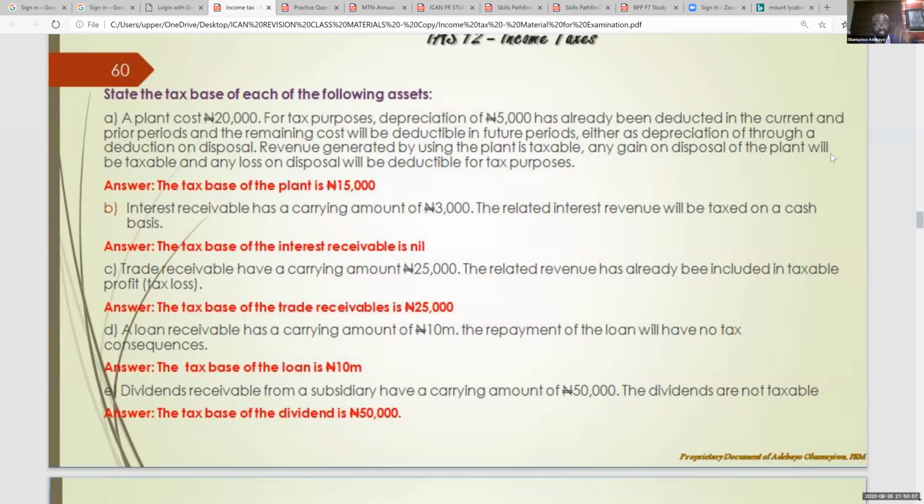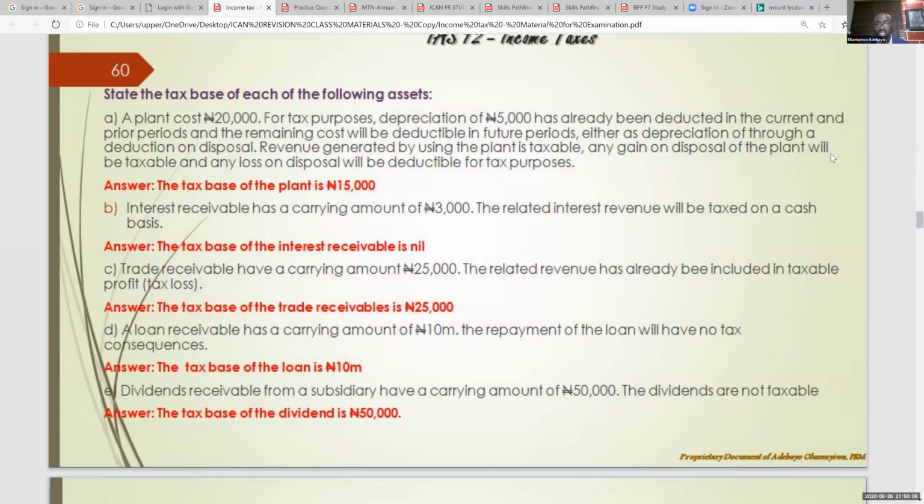It means the economic benefit that flows from the repayment of that loan is not taxable. And any asset to which the economic benefit is not taxable has no tax consequence. In that regard, there's no temporary difference, because the carrying amount and the tax base are the same. Invariably now, I can deduce that the tax base is equal to the carrying amount of 10 million.